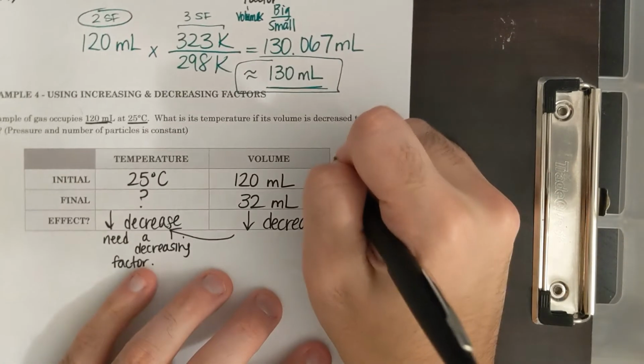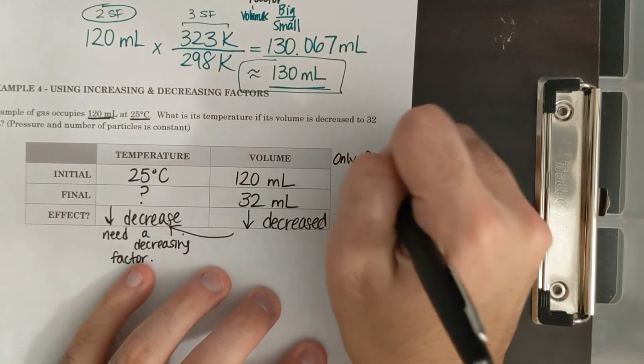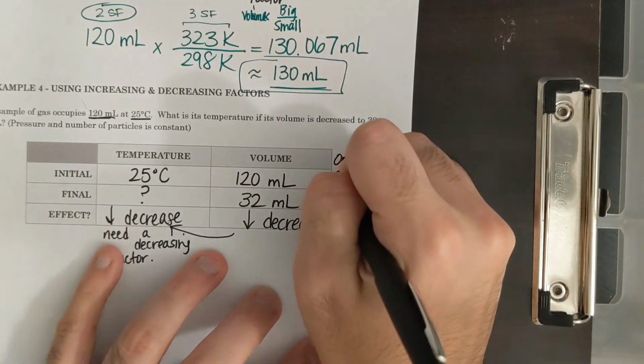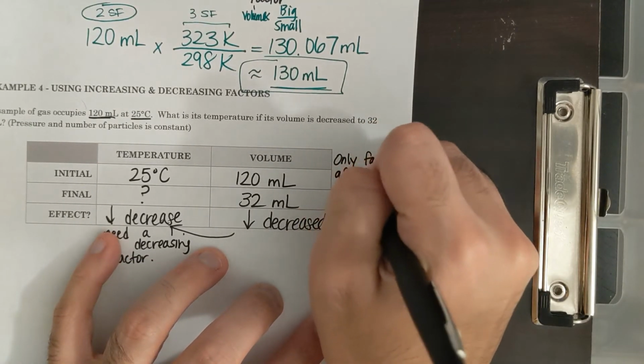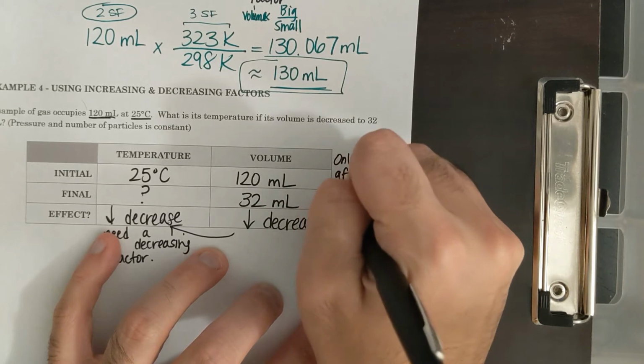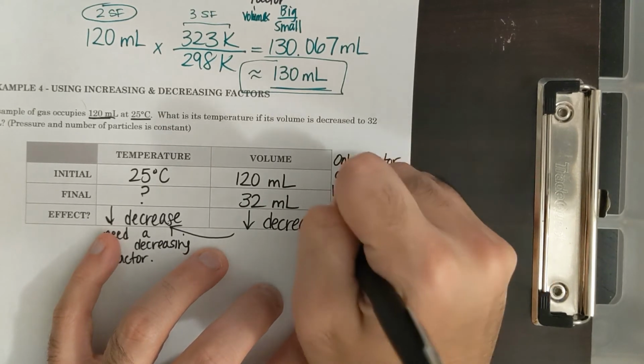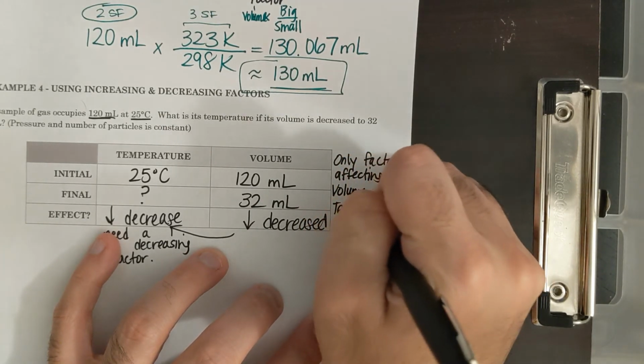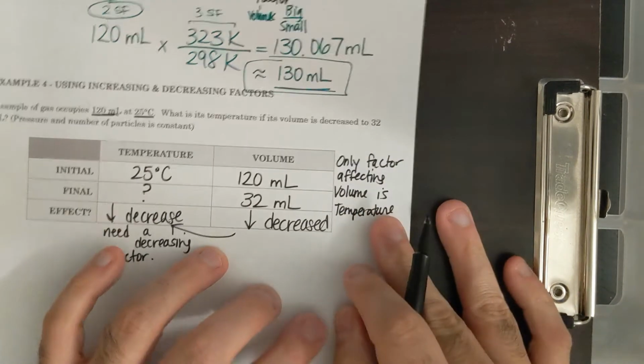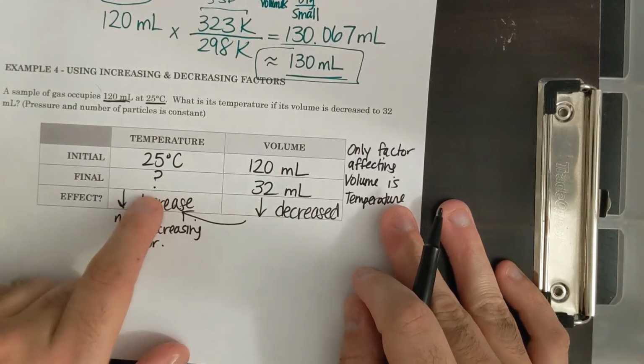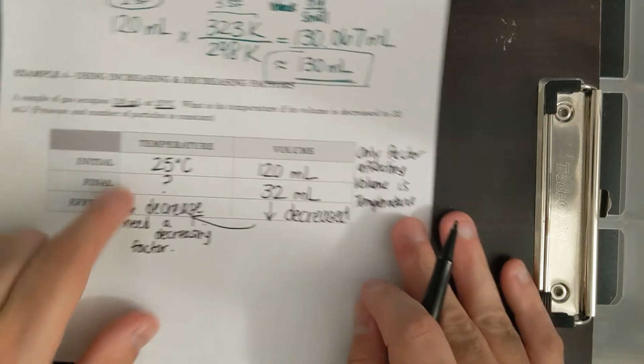Okay? And again, the only factor affecting volume is temperature, and vice versa. So I need a decreasing factor with my volumes on my temperature.